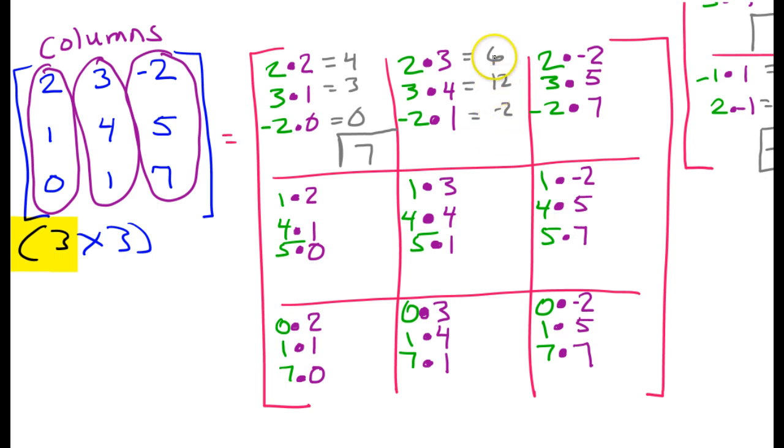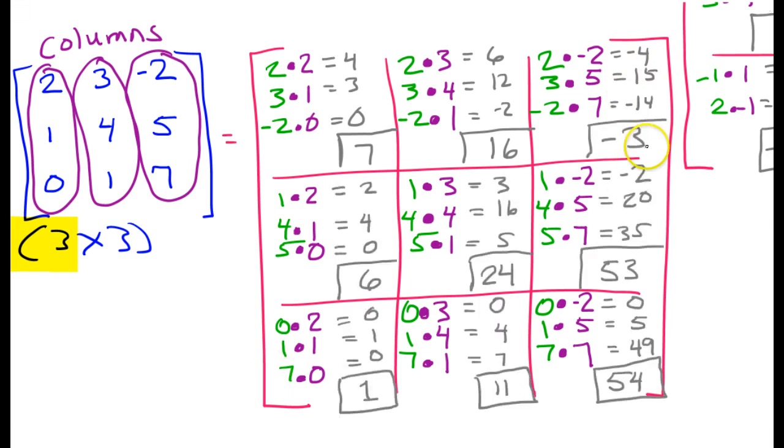Okay, so that's going to be 16. This will be negative 4 and 15 and negative 14. So that's negative 3. And then I just went ahead and did the rest of the calculations in the same way.